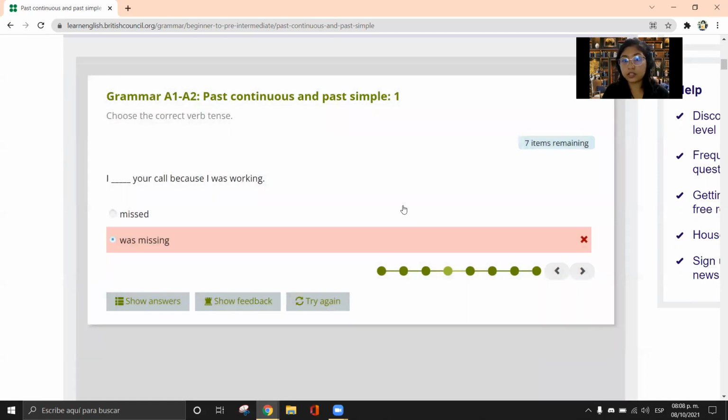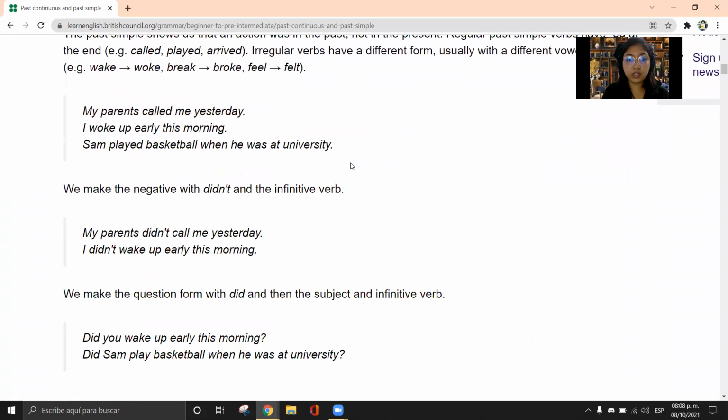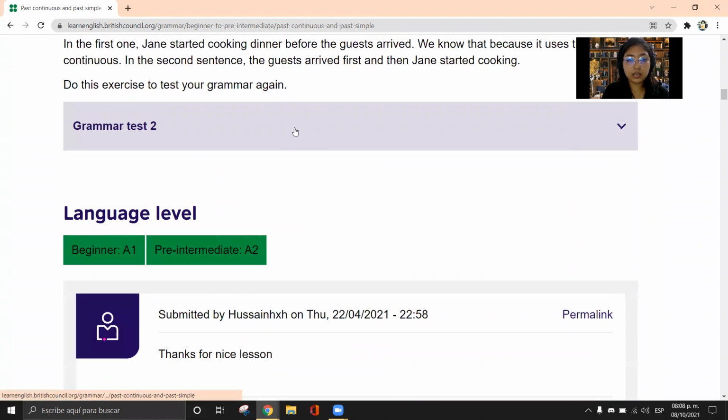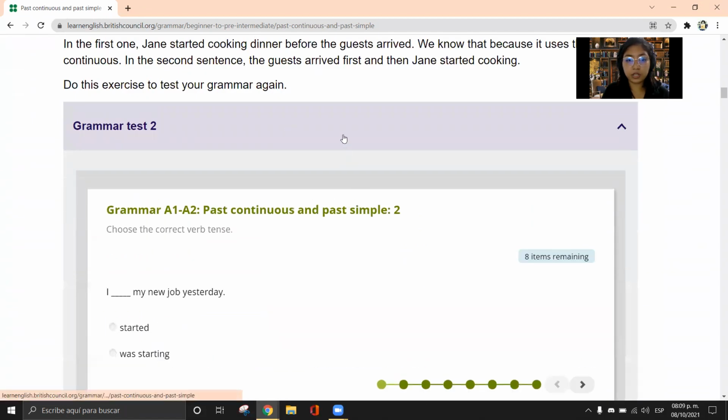You can take a screen cap, like a picture of your screen, or you can cut the image of the screen and put it in a Word document, for example, or you can do it in your notebook and take a picture of that piece of paper, but you have to send the evidence of doing grammar test 1 and grammar test 2. Okay, so you need to do both exercises.